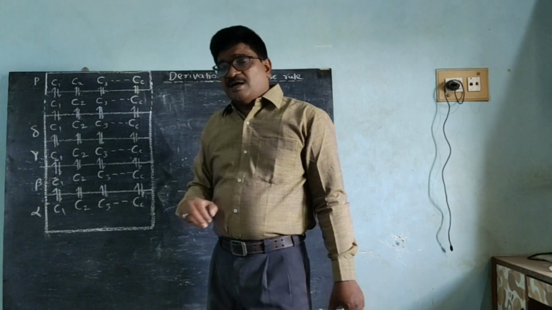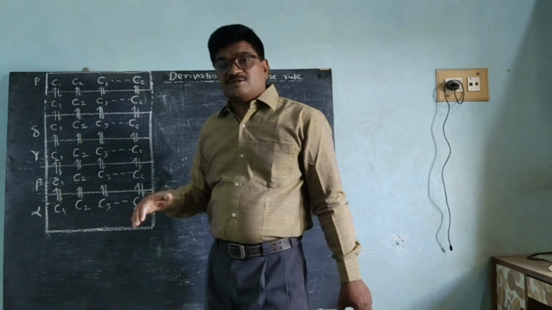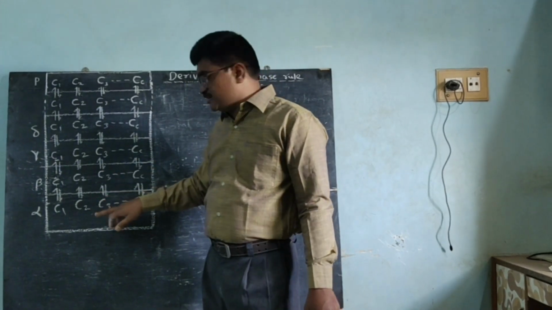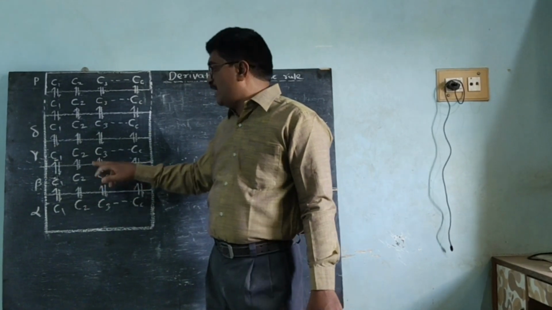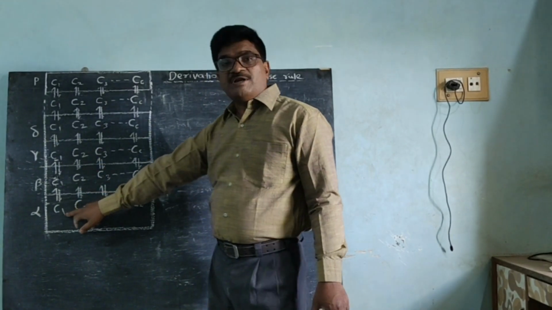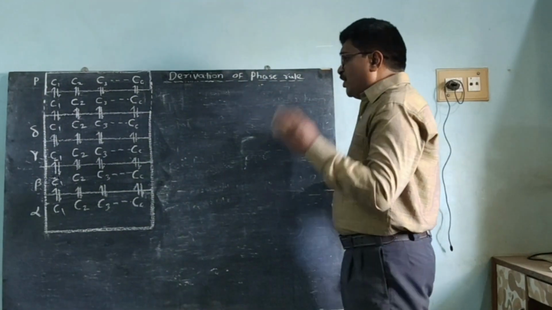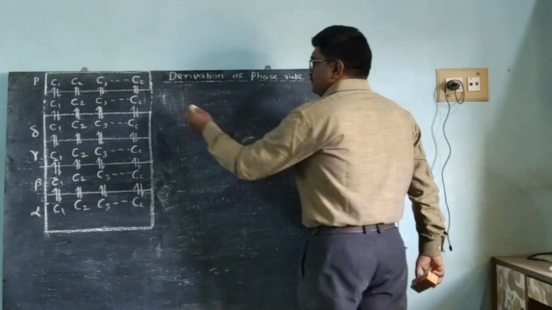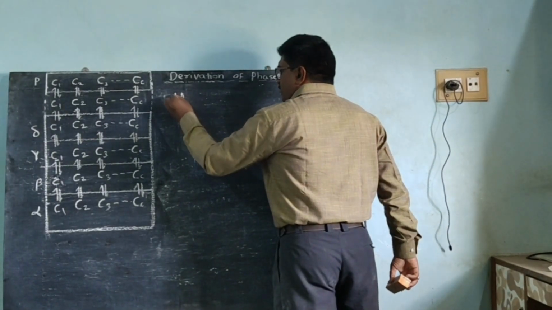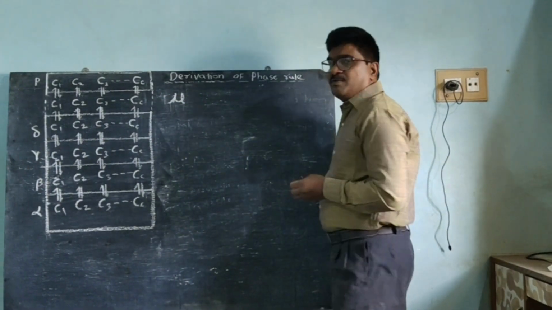Let us consider that our heterogeneous system has only three phases, alpha, beta, gamma and one component C1. Now for equilibrium, we know that the chemical potential mu is always constant.